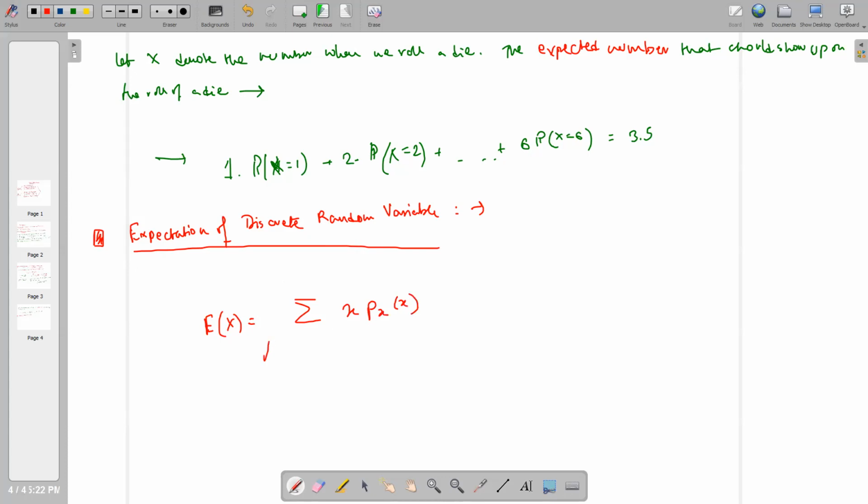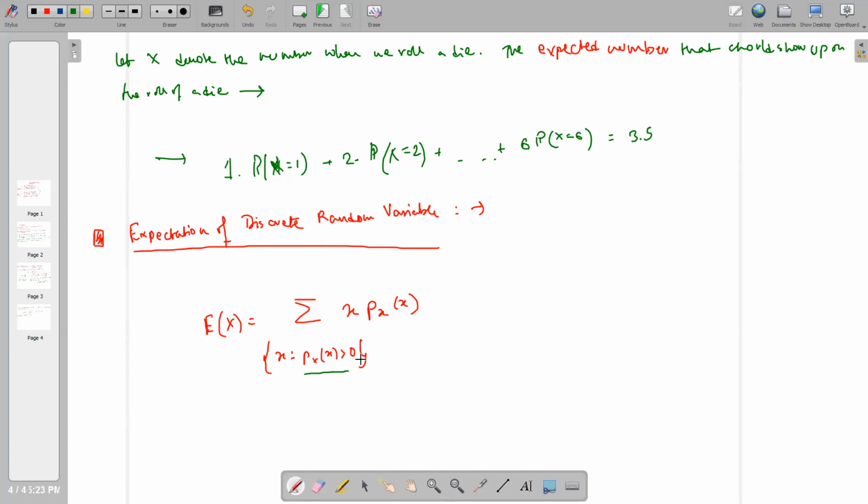Now where does this summation run on? So x such that, so you notice a subtle change. Only for positive values, yeah. So only the things which have a positive measure. We'll come to that later on.